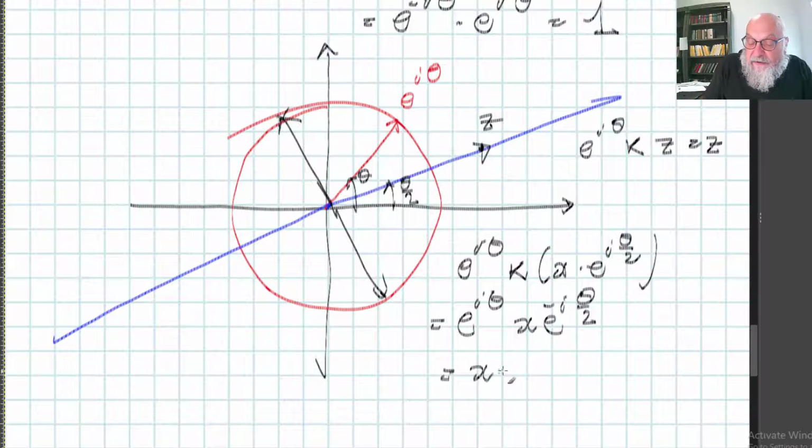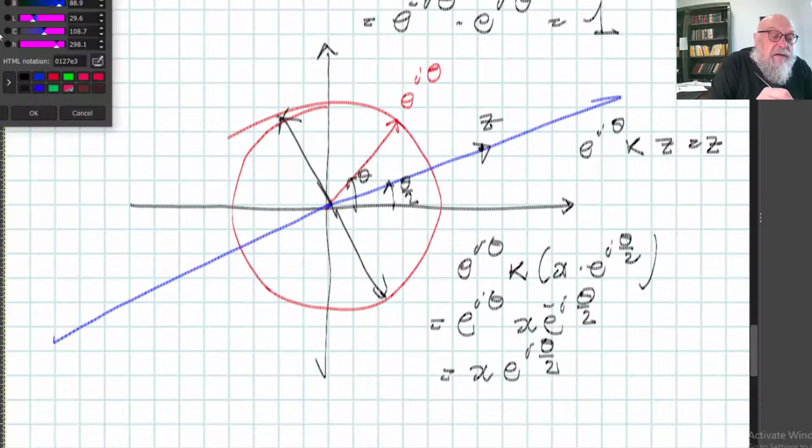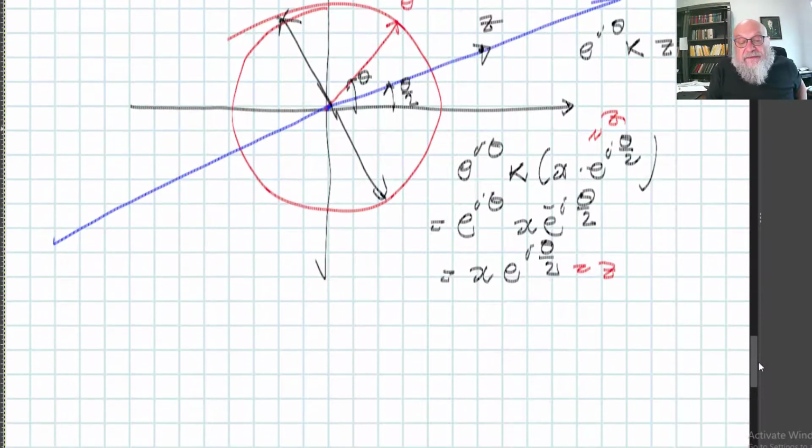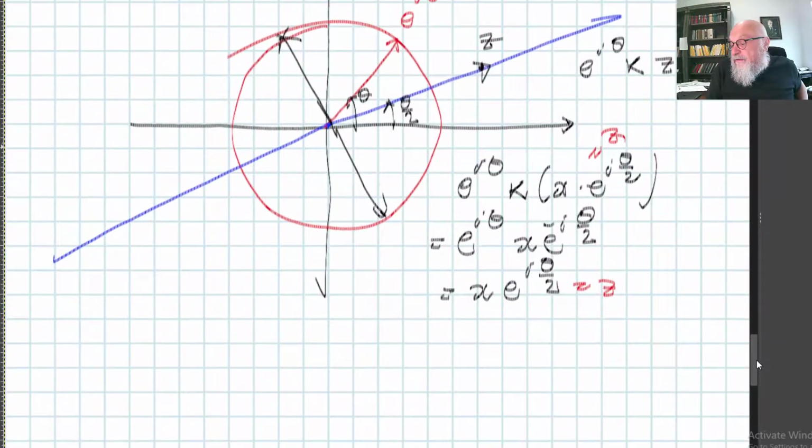Now you simplify it and you will get x e^{iθ/2}. So if this is my vector z, that's exactly the vector z. Similarly, you can check the other properties. So yes, indeed, this is the reflection.